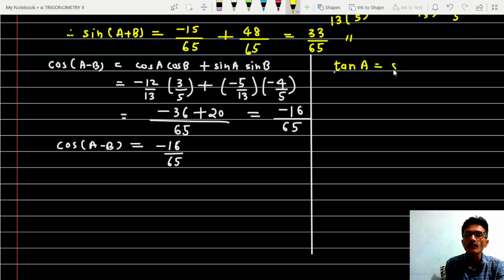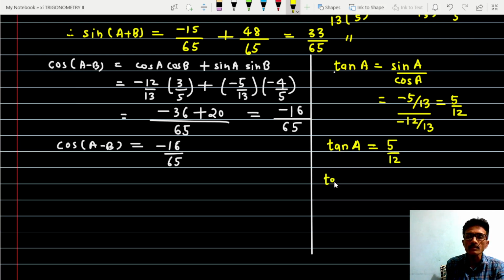That is sin A upon cos A. Sin A is minus 5 upon 13, and cos A is minus 12 upon 13. So it is equal to 5 by 12. 13 gets cancelled, the negative sign will also get cancelled, and you are getting tan A equal to 5 upon 12.